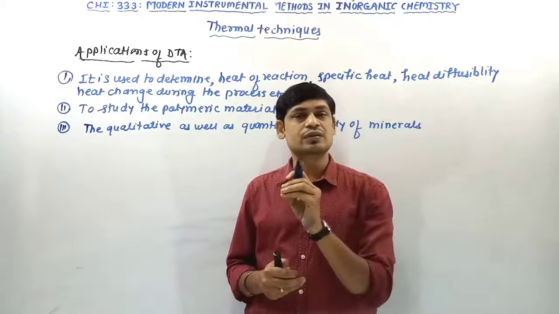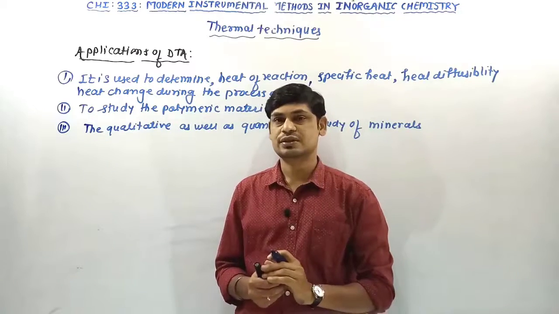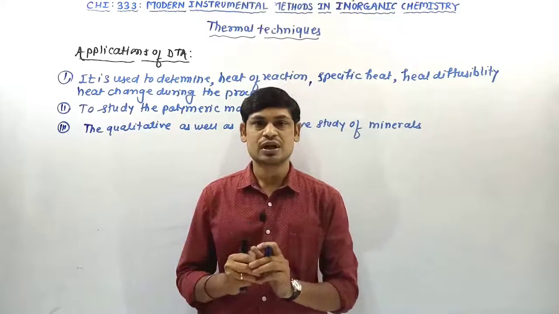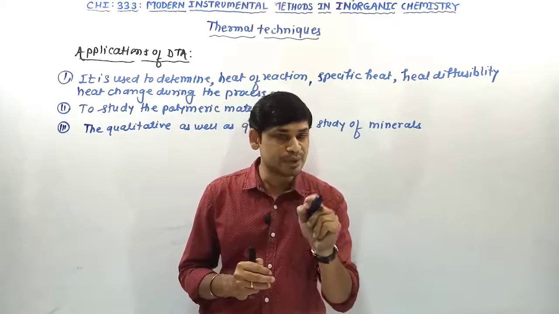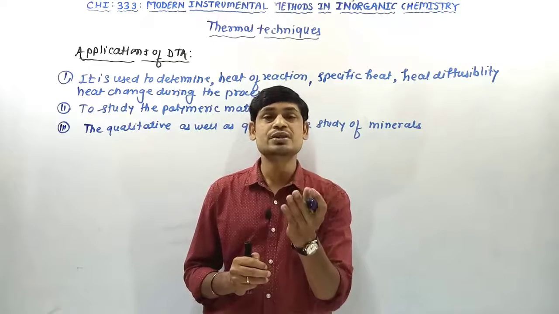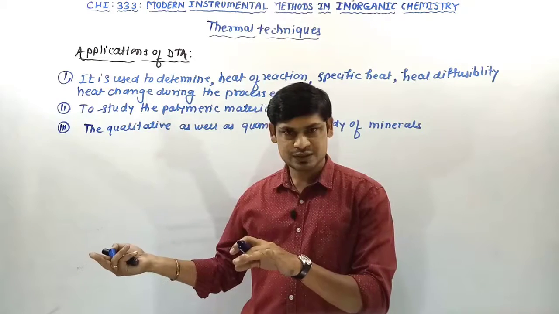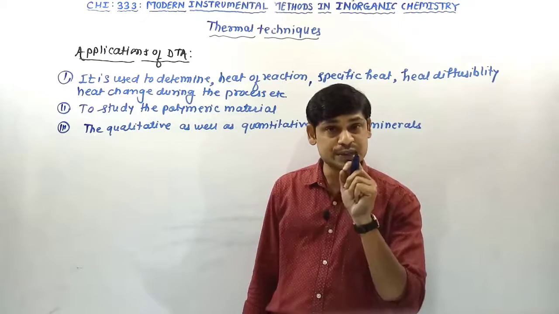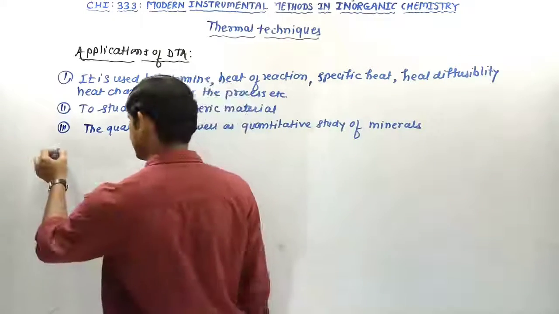The DTA curve of each compound is different, meaning different substances have different DTA curves. Therefore, the DTA curve of a pure compound can be used as a fingerprint to compare with others. So the DTA curve can be used as a fingerprint in qualitative analysis.